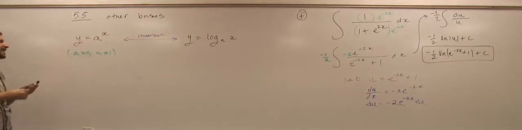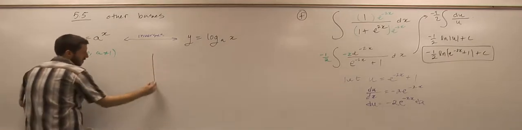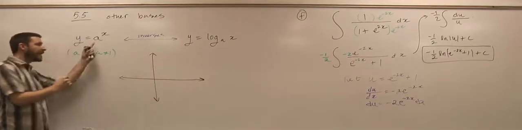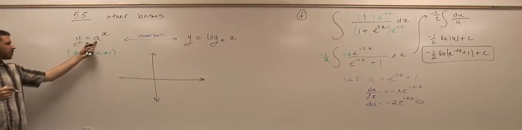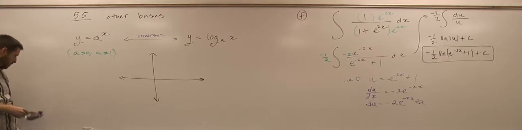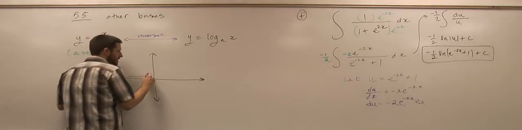So what's the graph of a to the x look like? Any idea? Well, depending on what a is, it's going to change, right? But suppose a is bigger than 1. Then a to the x has the same shape as e to the x.